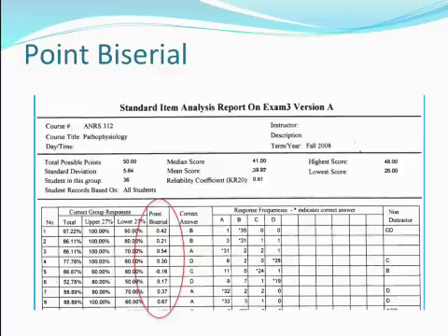Items with a value between 0.2 and 0.3 are considered to be fair, and sometimes they can be improved upon. Any items with a positive 0.4 to 0.7 are considered very good item questions.